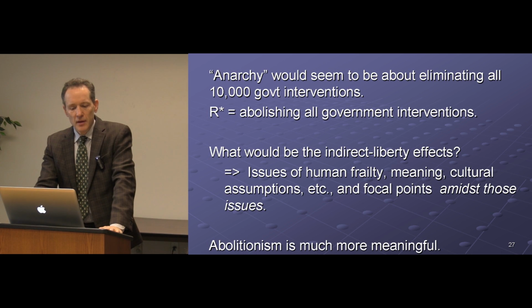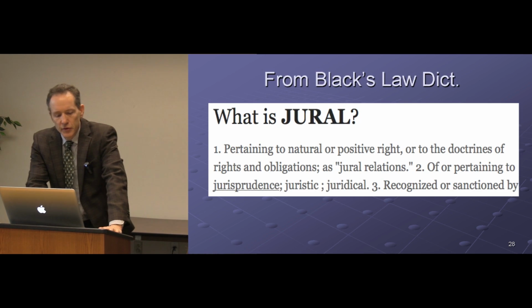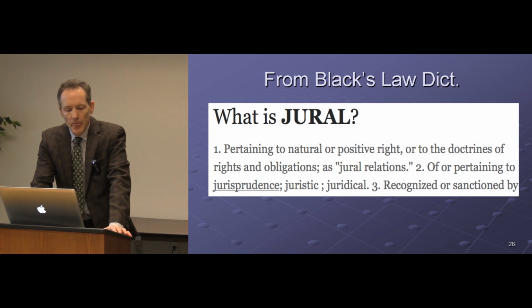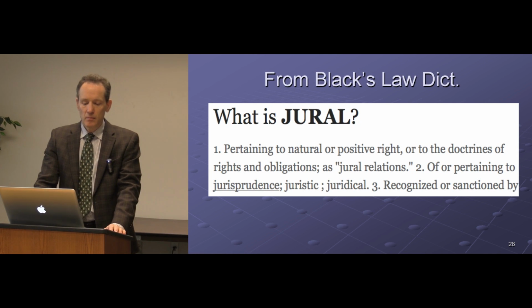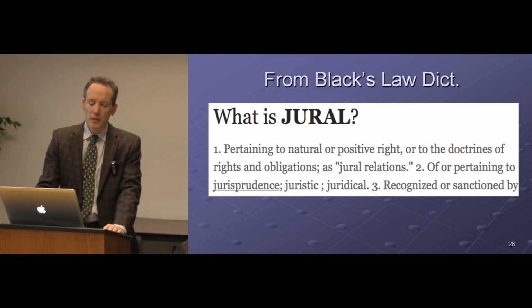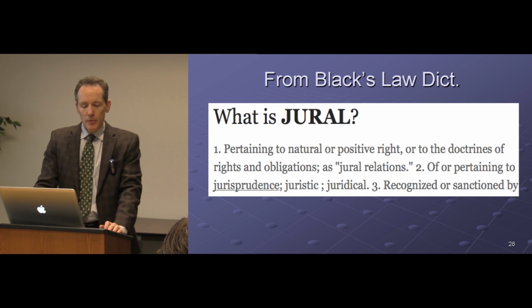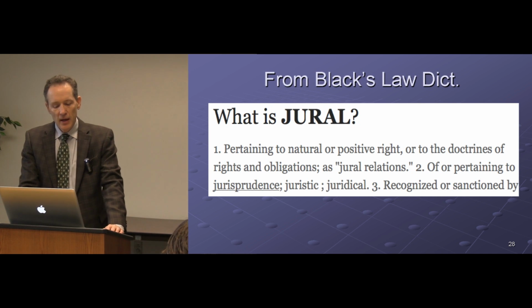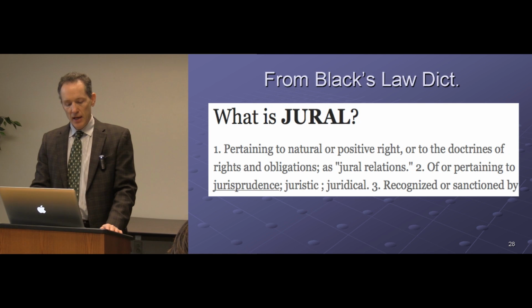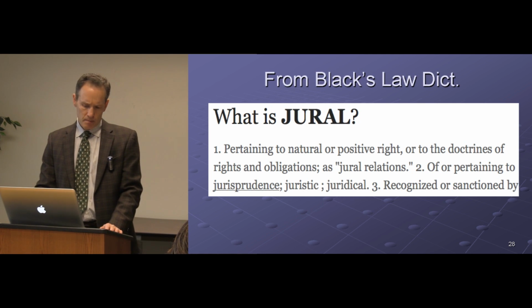And to elaborate on this, I want to speak of a distinction between jural monism and jural dualism. This is just a little bit about the word jural from Black's Law Dictionary, pertaining to natural or positive right, or the doctrines of right and obligations, as in jural relations.